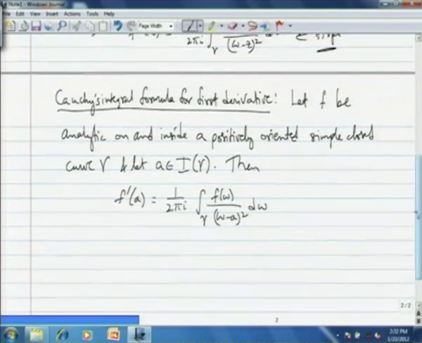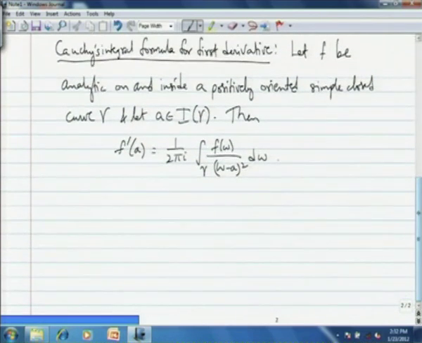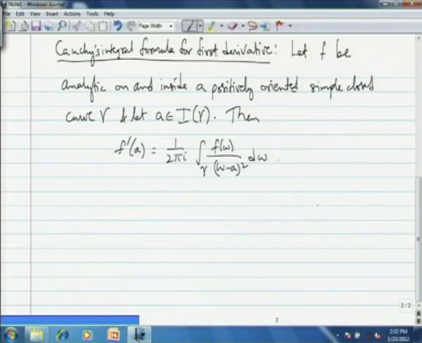Okay, so we will prove this here, and notice that I just said simple closed curve gamma where A belongs to the inside of gamma. Okay. So, the idea of the proof is that I will take this simple closed curve gamma, positively oriented, and here is A. I will replace gamma by a circle of radius 2r around A, where r is such that the closed disk of radius 2r around A is completely contained inside this curve gamma.